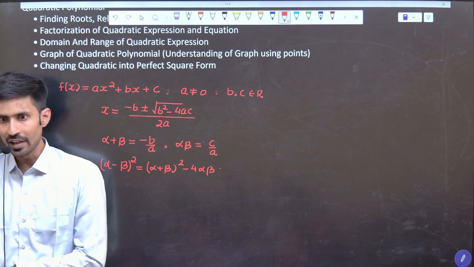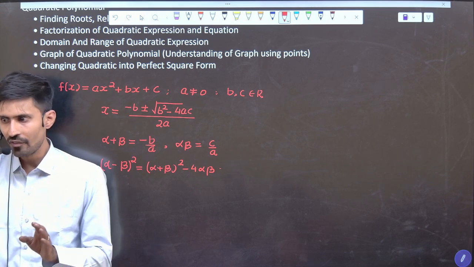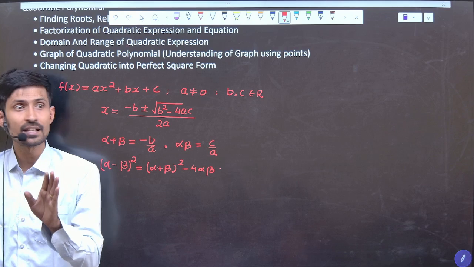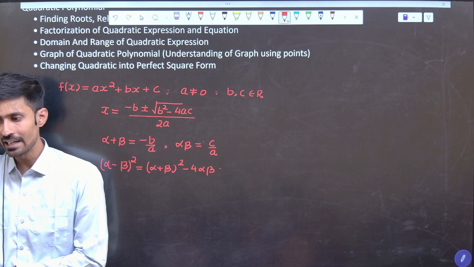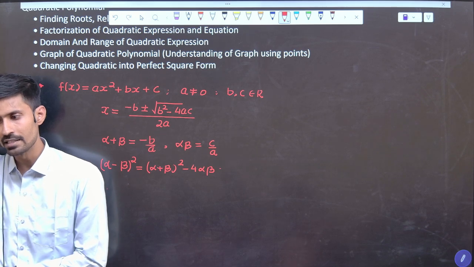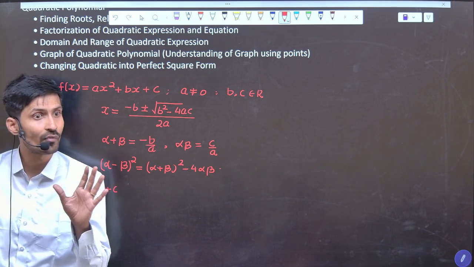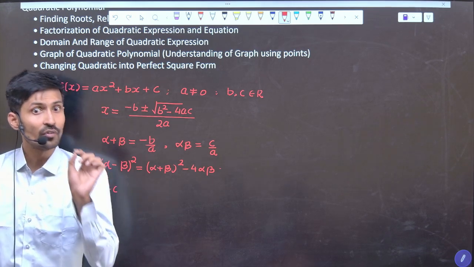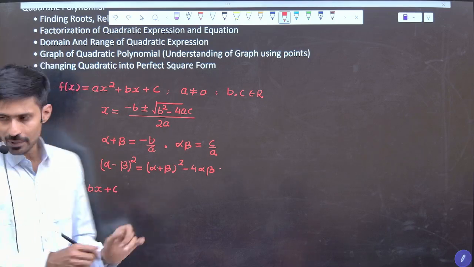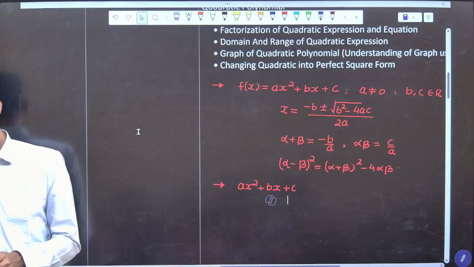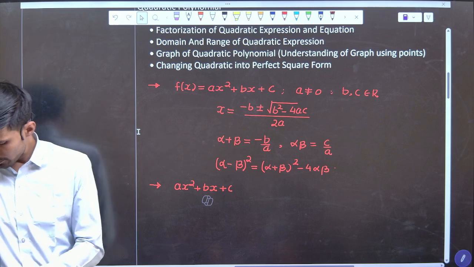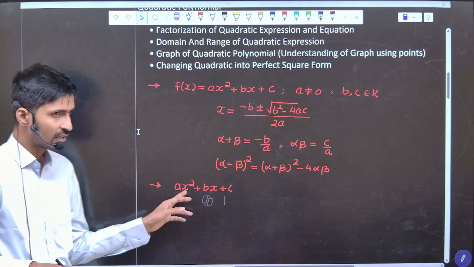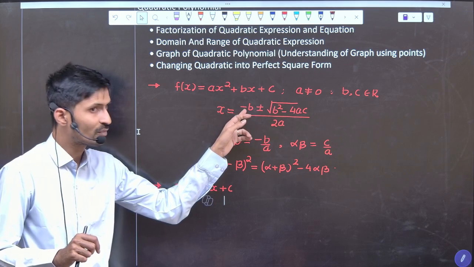Now here, factorization of a quadratic expression. Do you remember the expression? The expression is like this: a times x square plus bx plus c. This is a quadratic expression. I want to factorize it. If I want to factorize this expression, always remember we'll take help of these two formulas.